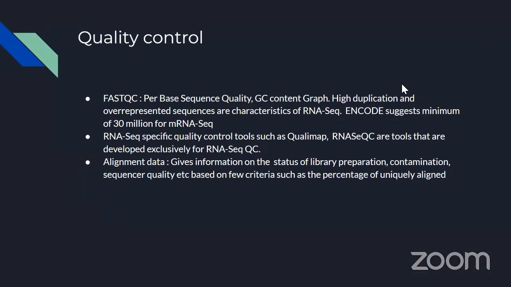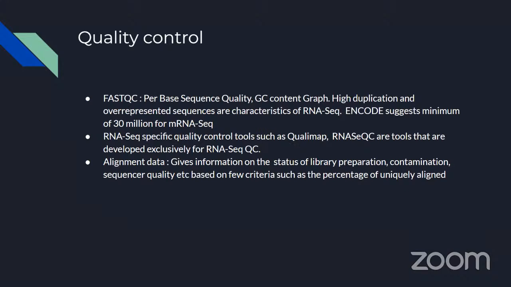Another thing to look at for quality control is the BAM file. There are several tools, such as Qualimap and RNA-SeQC, which are developed specifically for RNA-seq. These tools look at alignment statistics, for example the percentage of reads that are uniquely mapped, and the percentage mapped to different regions. Since this is RNA-seq, you would want a lot of reads mapping to exonic regions.